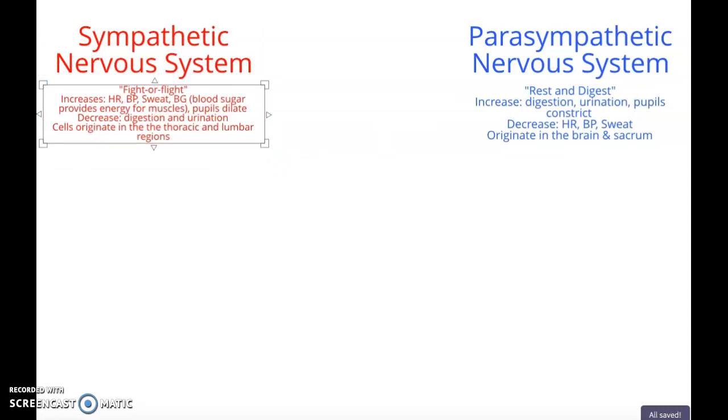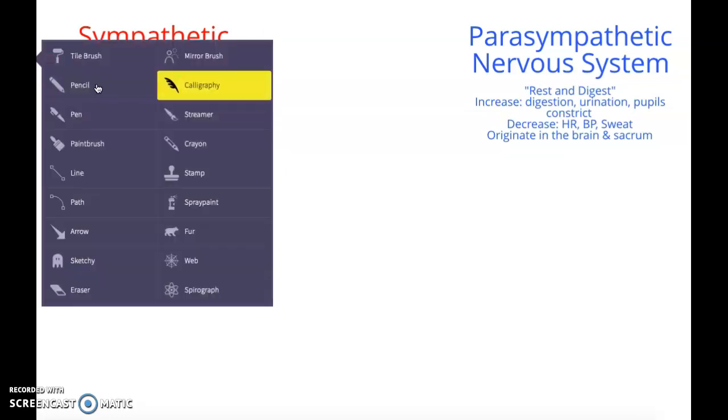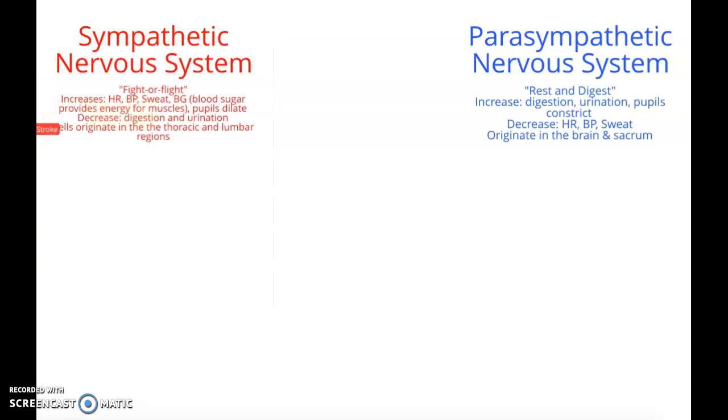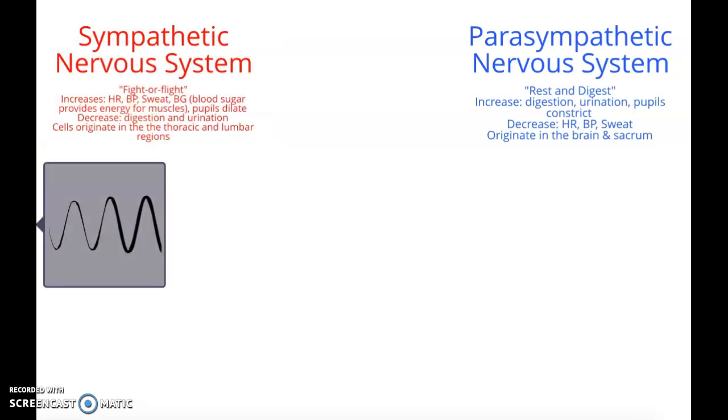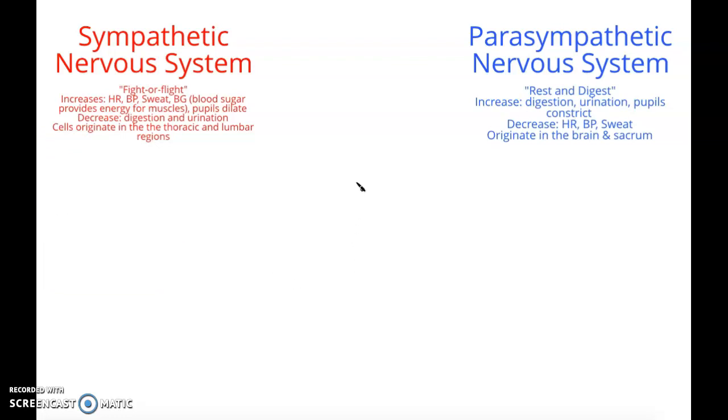So next we're going to do a little bit of a drawing. Bear with me here on the quality of some of my drawings. So we have this part here. This is the spinal cord. If you guys haven't done your lab stuff yet, you won't really understand what this looks like, but you will in a second.